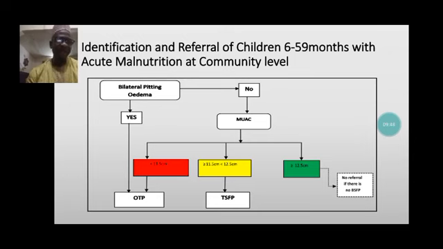Or rather, if he doesn't have it, then we should check the MUAC. A MUAC of less than 11.5 cm should be referred to OTP, greater or equal to 11.5 and less than 12.5 cm should be sent to TSFP, and the moment it is greater than 12.5 cm, then no referral is required at this point.